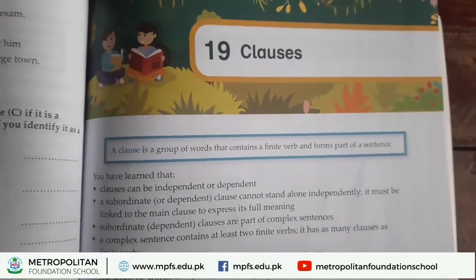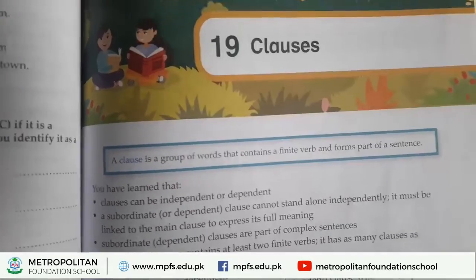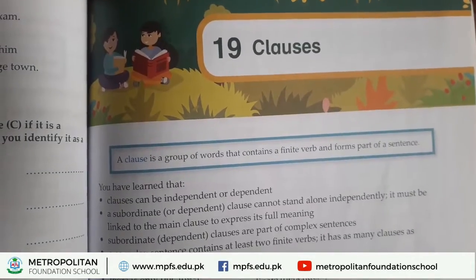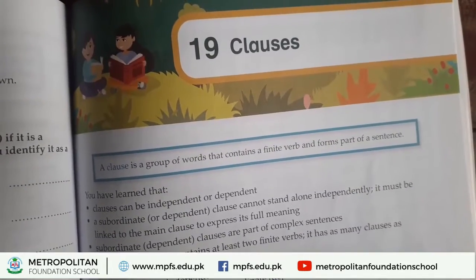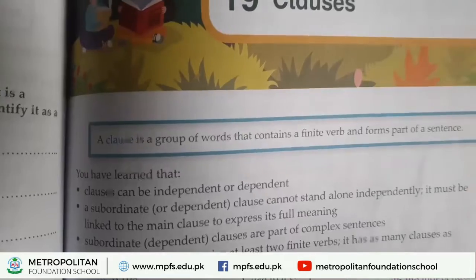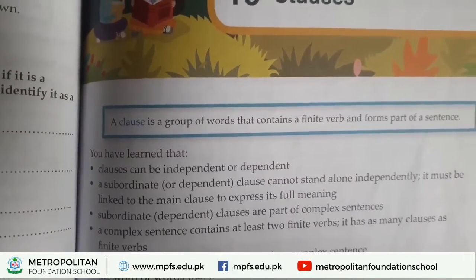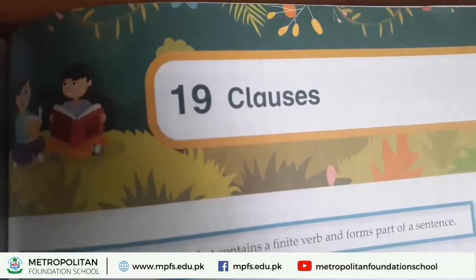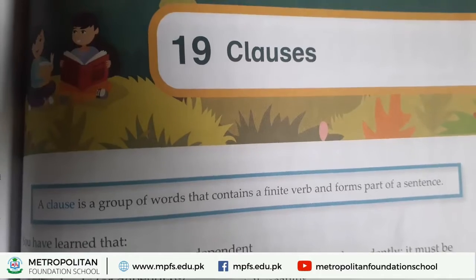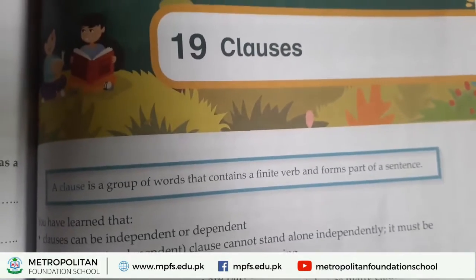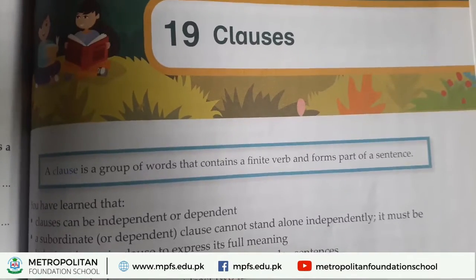Now, the adverb clause of degree or comparison shows the degree, that is, the relative extent of the condition described in the independent clause. In that, the questions arise: how much, how often, how many, and how little. So that is about clauses. Now let's move on to another unit.